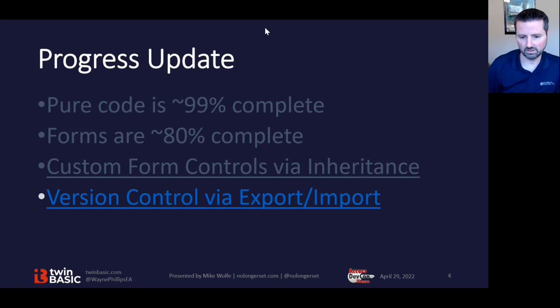This will take you to a batch file that I wrote that currently works with the VS Code extension. It probably needs to be updated to work with the new IDE directly, but I think for version control purposes, that should still continue to work pretty well.